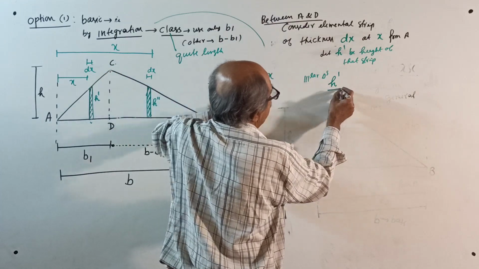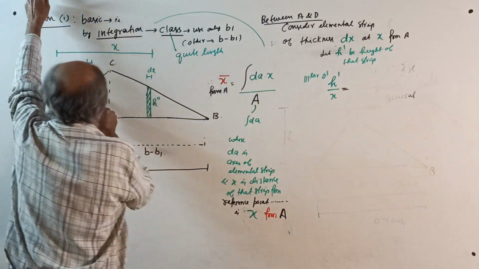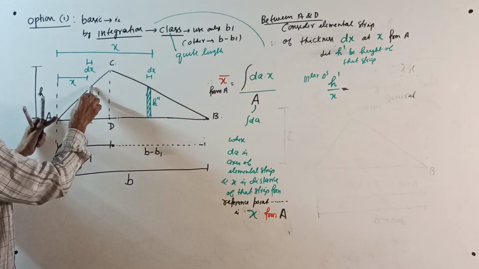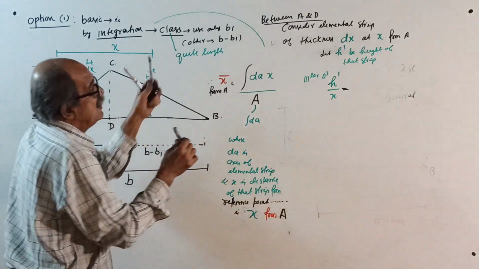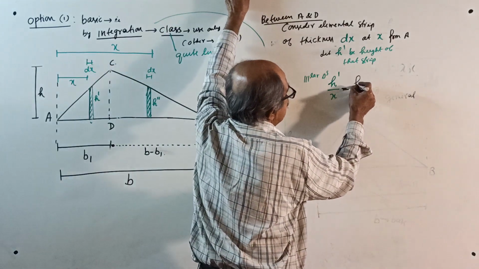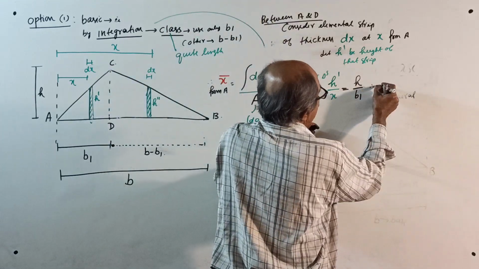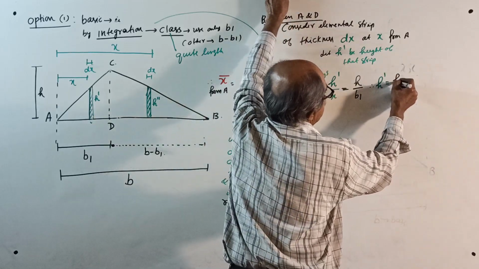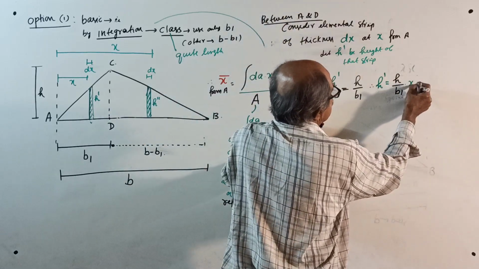H dash divided by x equals h divided by b1, from this triangle. Therefore, h dash becomes h by b1 into x.